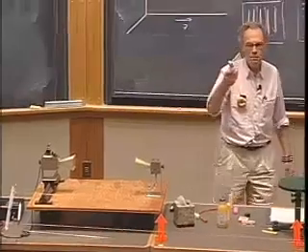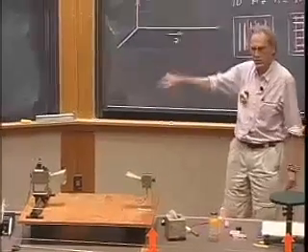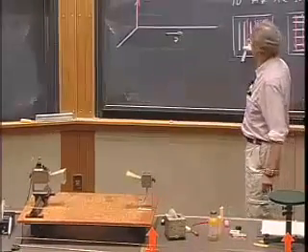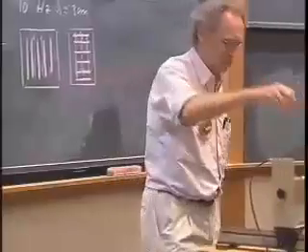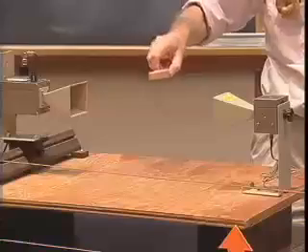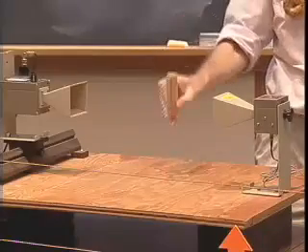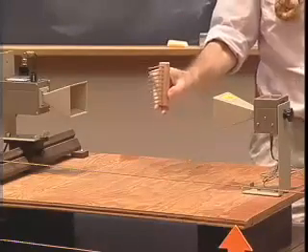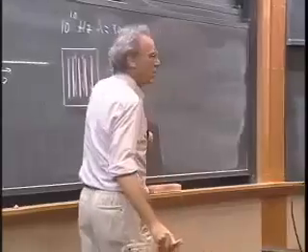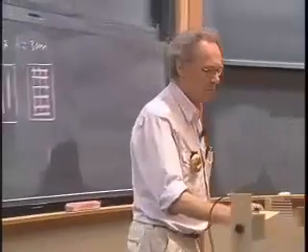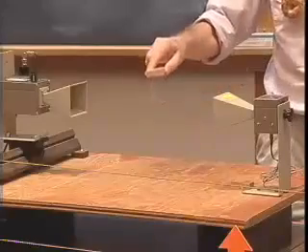And here is the comb, and I'm going to first stick it in like this, which is this situation. And I kill it. And now I rotate it, and now it goes through. So it is in this situation that it goes through. And in this situation, no.